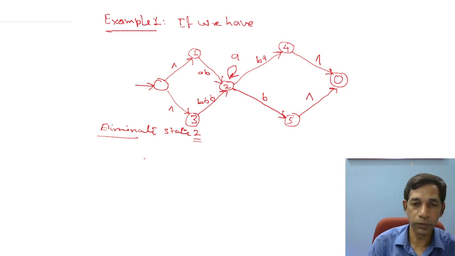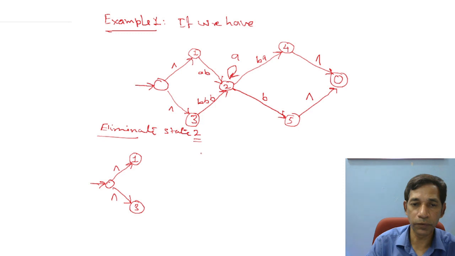So what you need to do? You can say this is the initial state, and you have the state 1. You are going to the state 1 for the case of null transition, and this is the state 3, and you are going to the state 3 for the null transition. Then you have to eliminate the state 2.